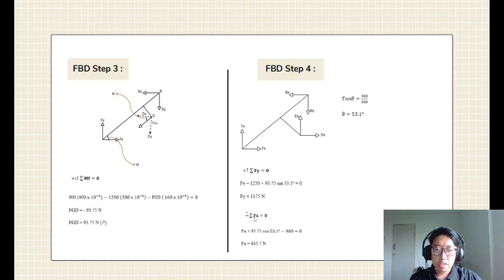And for Fx, assuming the direction to the right is positive, Fx plus 93.75 from FGD, cos 53.1 degrees from the theta, minus 900 equals 0. And you get Fx is 843.7 Newtons. And that is all for me. Thank you.